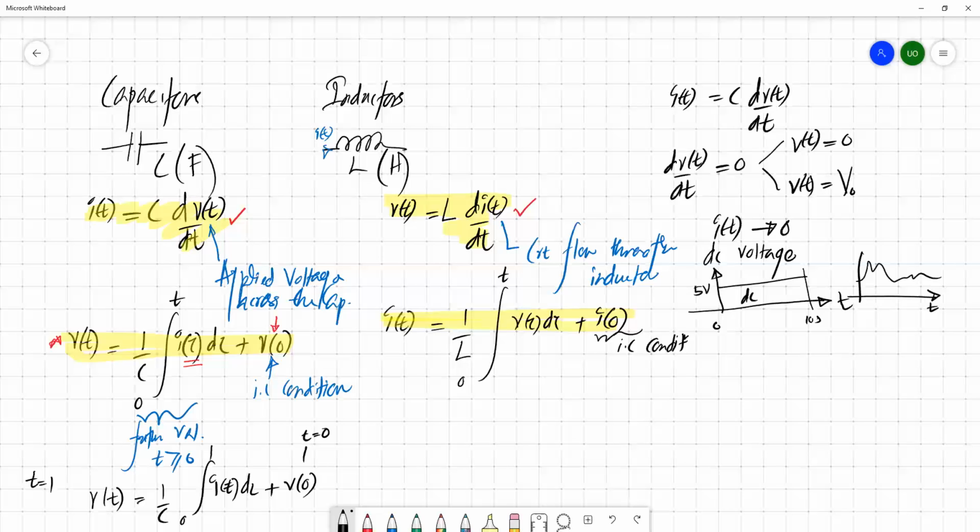Then what if we apply a DC voltage to a capacitor? If we apply a DC voltage, V(t) is V0, a constant. What happens to the derivative? The derivative becomes 0 and there won't be any current flowing through the capacitor. So the induced current is 0.